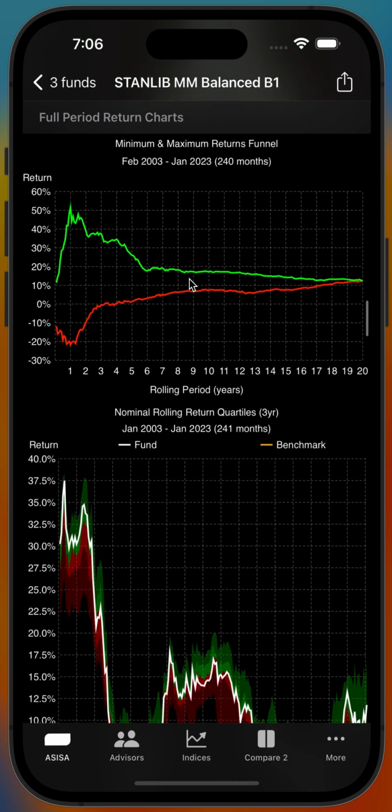A return funnel, which really is just taking every single month and looking for the best return and the worst return. Then every 2 months, every 3 months, every 4 months, all the way out to 20 years. Okay, so every year, every 2 years, 3 years, all the way out to 20 years. And obviously at 20 years, we've only got one data point because we've only got 20 years of data.